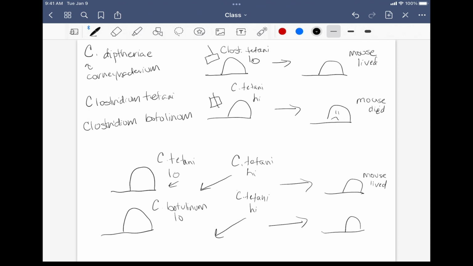The first infection that the mouse received needed to be with the same microbe as the high dose that was challenging the mice that could potentially be leading to the mouse's death. So this showed them this important immunological principle of specificity.